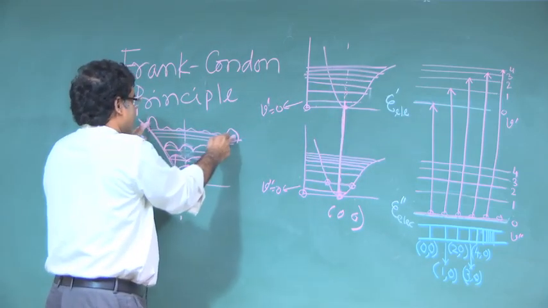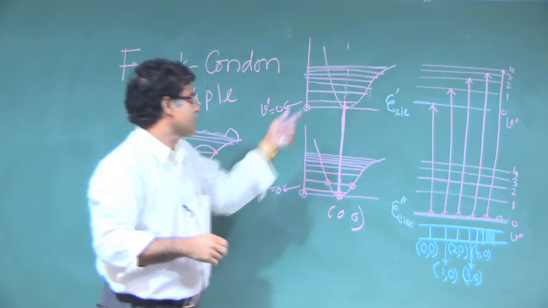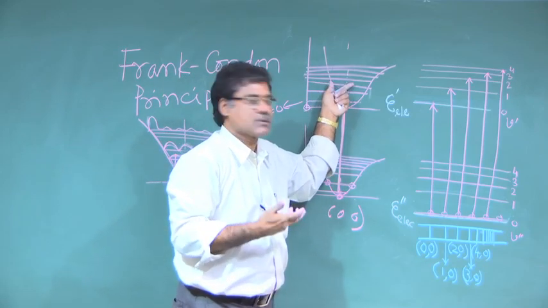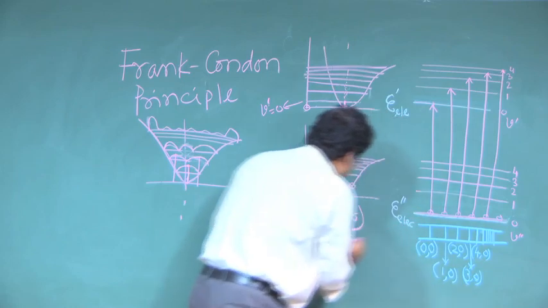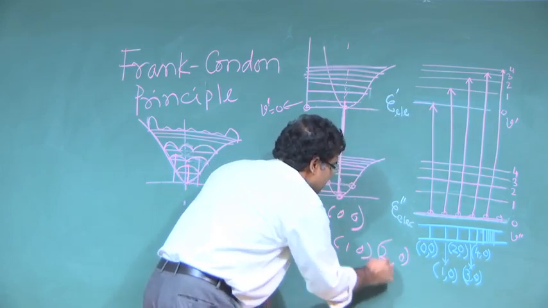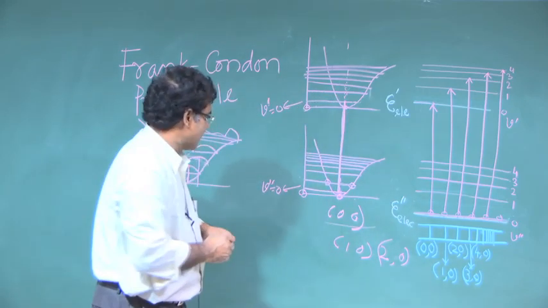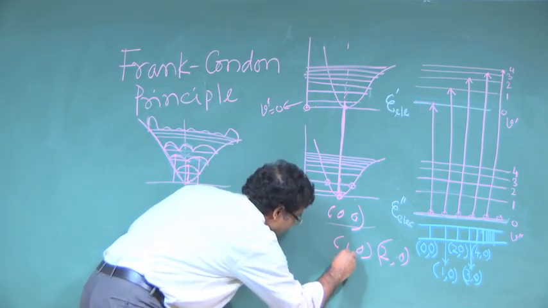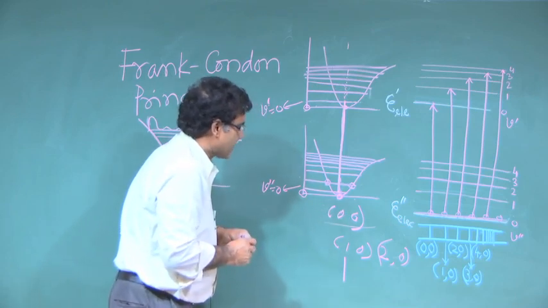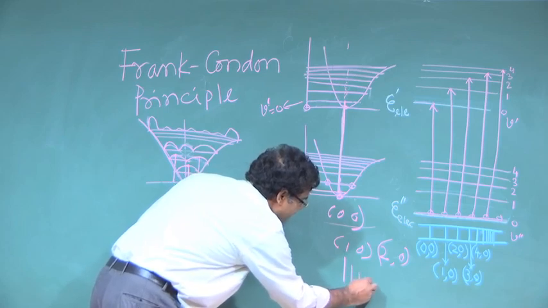For other energy levels the probability will be less, so it will go, but with less probability. So the intensity of the other lines, 1-0, 2-0, will be less. This will be the most intense line, the 0-0 spectral line, and the intensity will decrease for the others, okay.